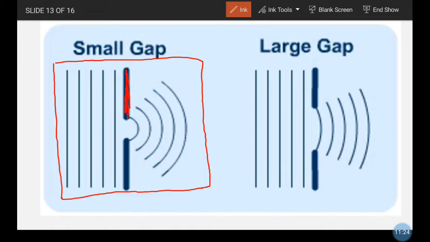Two obstacles are placed in the pathway of these waves, and the gap between them is very small. So when a long straight wave passes through this gap, then bending occurs in the wave.